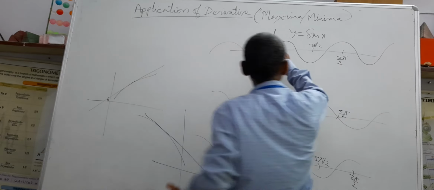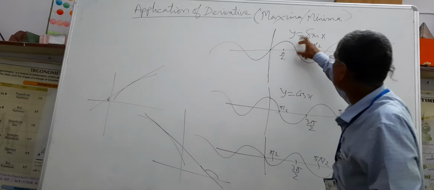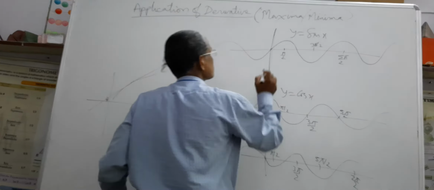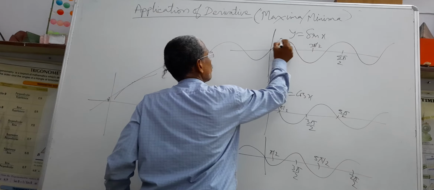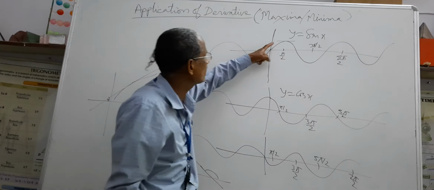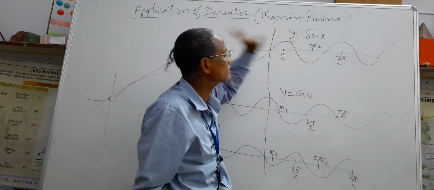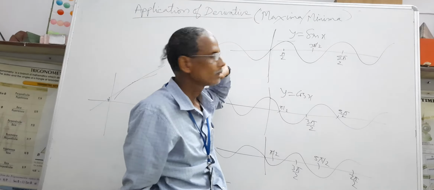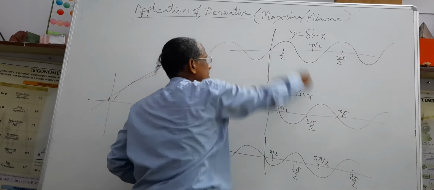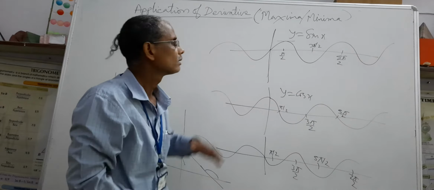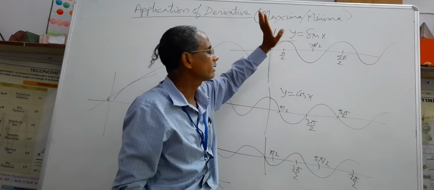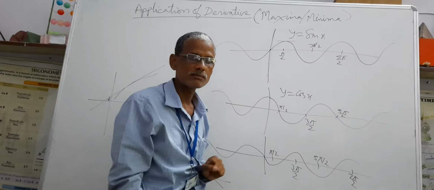But in between increasing and decreasing, there is a point where function neither increases nor decreases. That is called point of maxima. Here tangent become parallel to x-axis. If function changes its nature from increasing to decreasing, then middle point is called point of maxima.